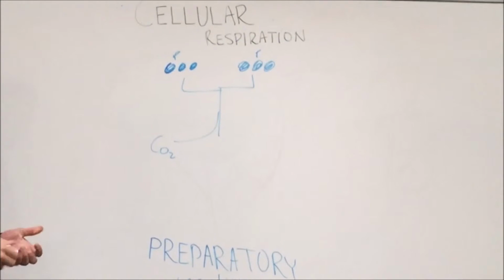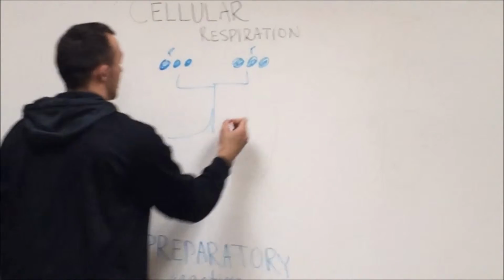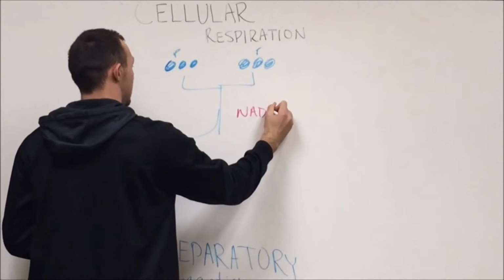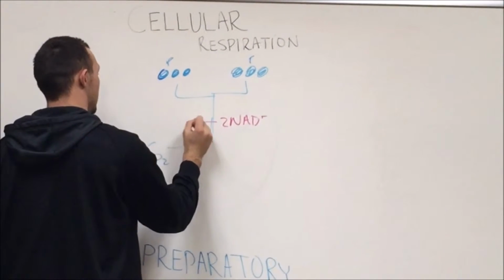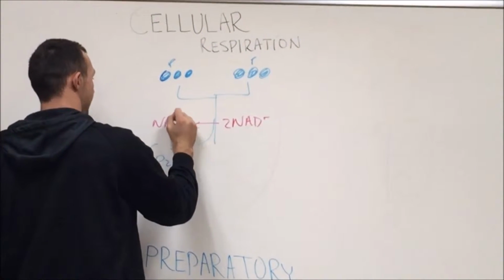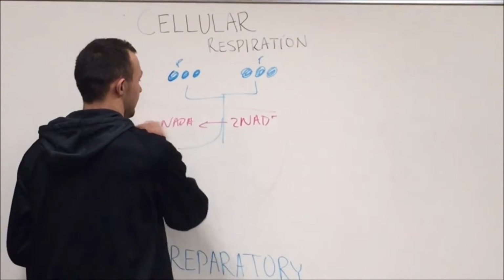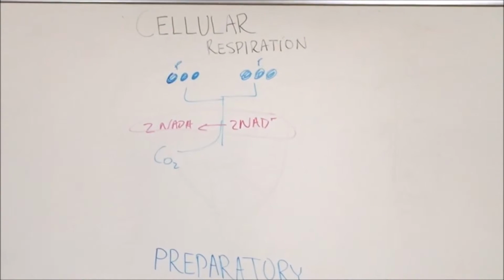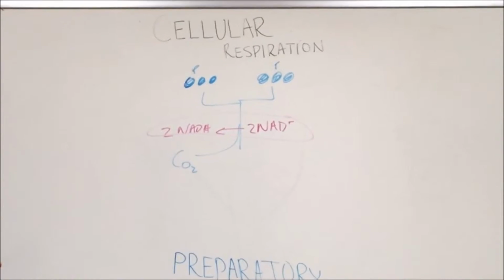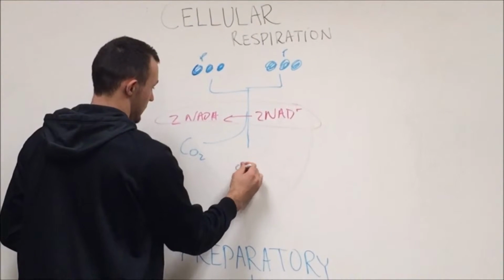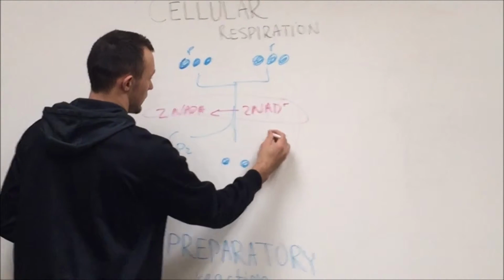Next, NAD accepts the electrons and a hydrogen ion, forming an NADH. The product, a 2-carbon acetyl group, is attached to a coenzyme A, forming acetyl-CoA.